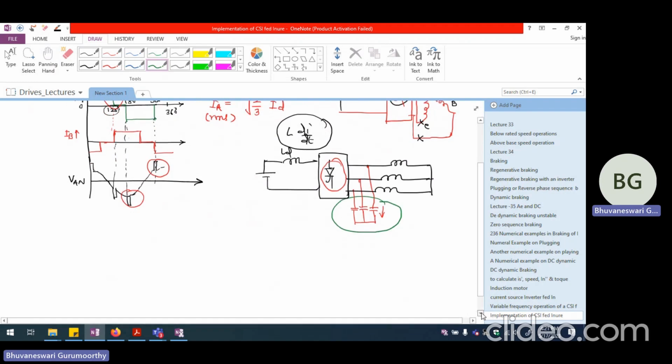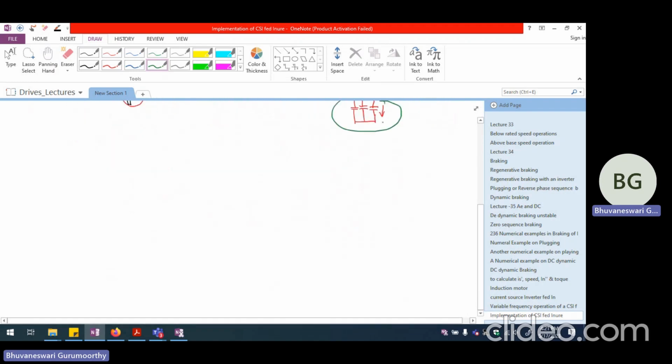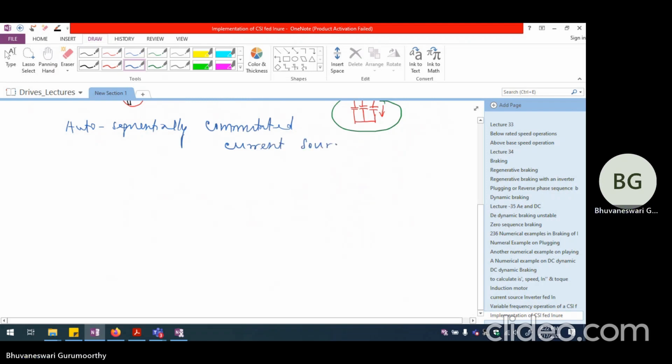Rather than doing this, can we integrate this capacitor into the inverter circuit itself? And that takes us to the auto sequentially commutated current source inverter.